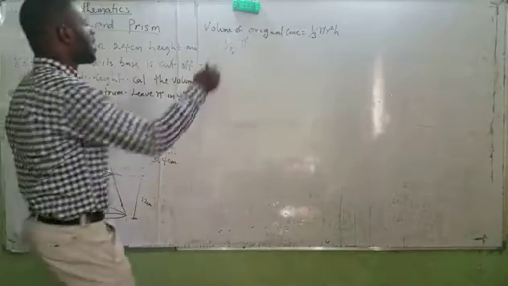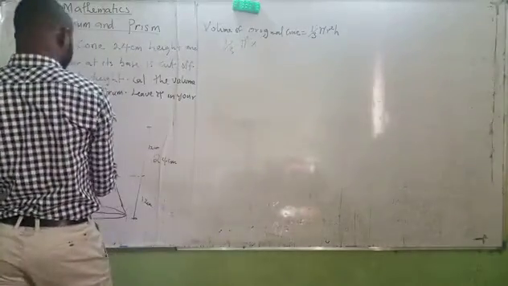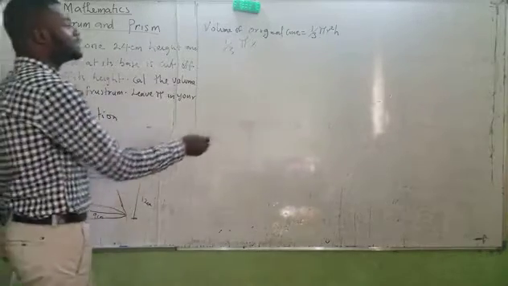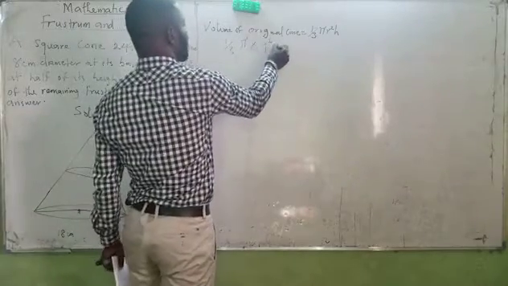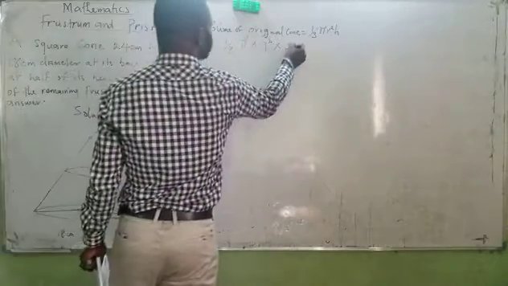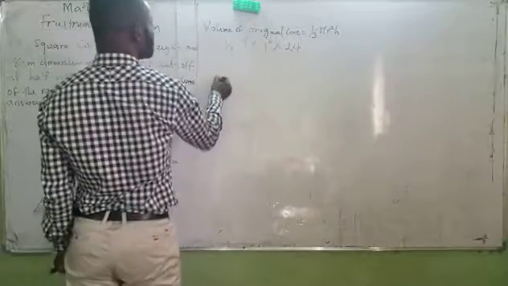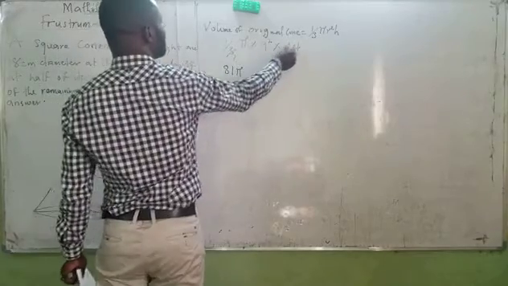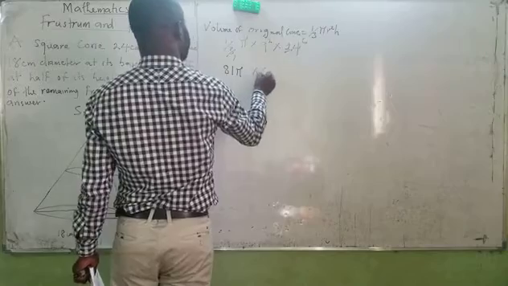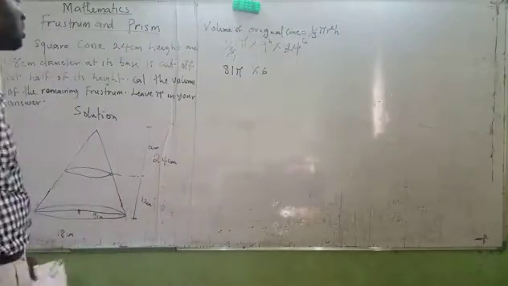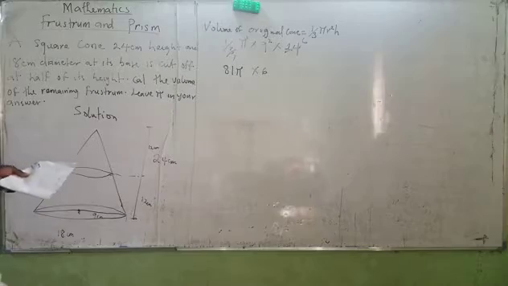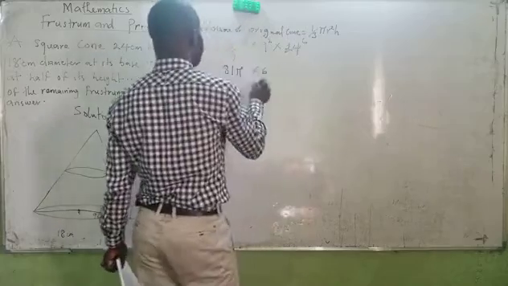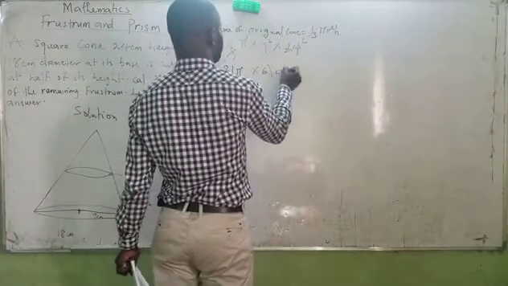Multiplied by the radius. Radius will be half of this, which is 9 centimeter. It means I'll be having 9 squared. Height will be 24, because the whole height is 24. Now, it means I'll be having 81 pi multiplied by 6, centimeter cube.